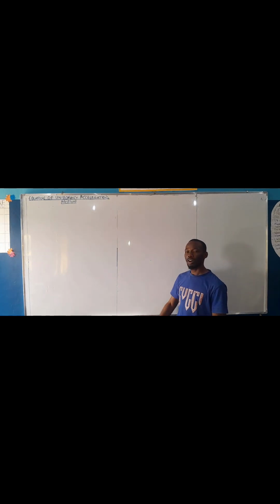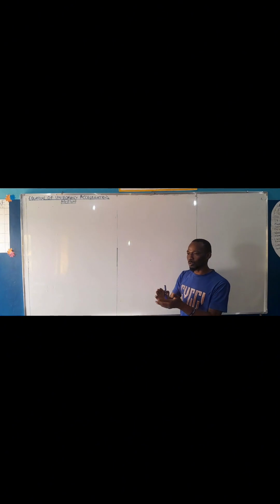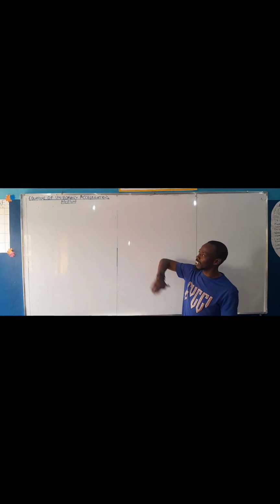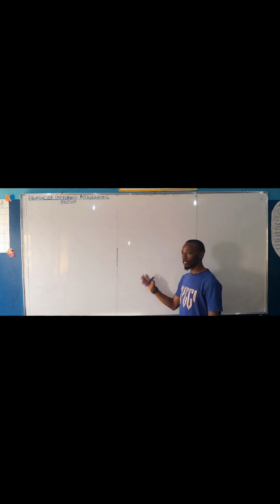I'll be telling you how to derive them, so that once you know how to derive something, it sticks better than just looking at it and cramming it. You ask yourself, where did this come from? So I want to tackle that issue right now. I'm going to tell us how we can derive those three equations before we dive into certain questions.